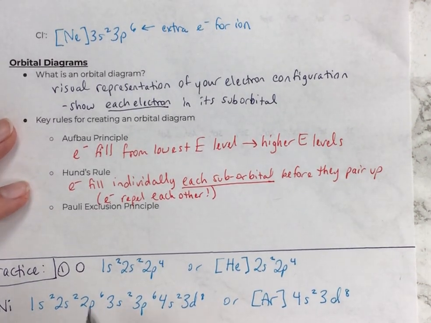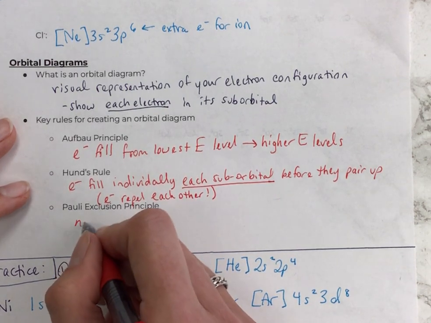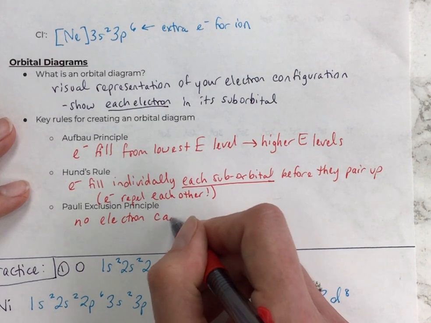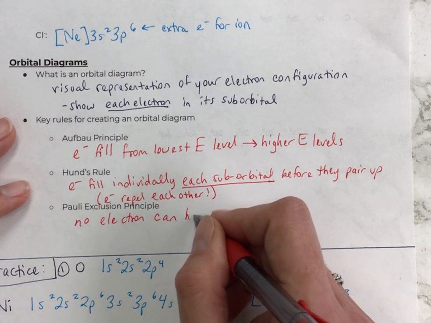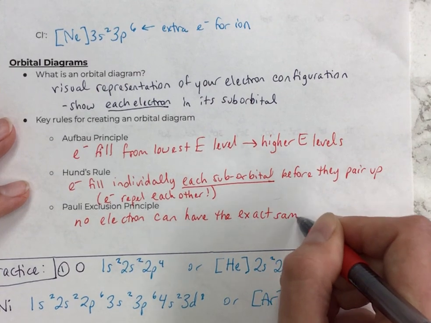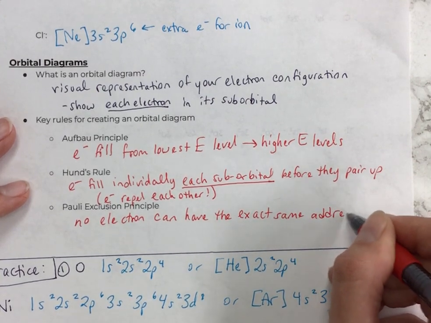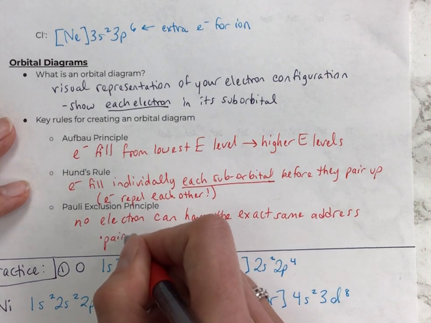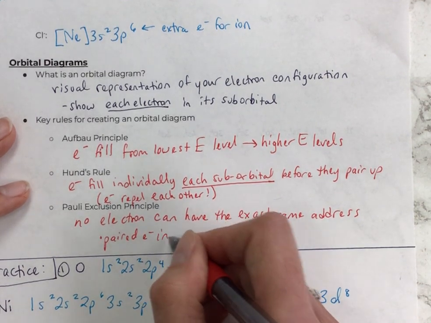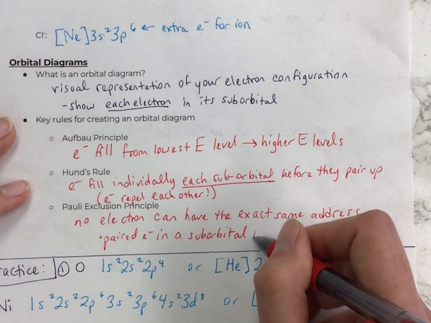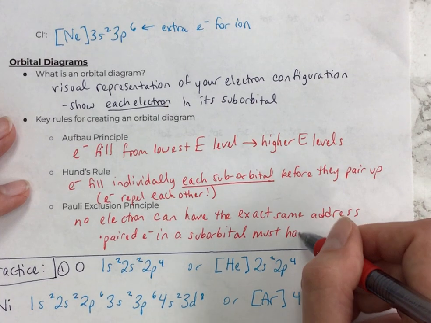And finally, the Pauli exclusion principle means that no electron can have the exact same address, which means that paired electrons in a suborbital must have opposite spins.